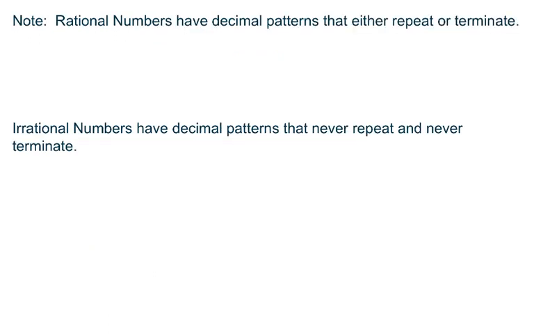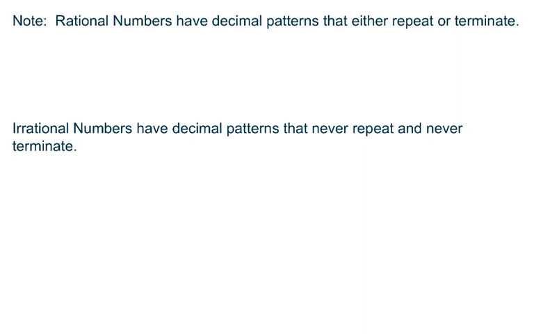Now, an easy way to distinguish between a rational number and an irrational number is to look at the decimal pattern that you have. Rational numbers have decimal patterns that either repeat or terminate. There, clear off that. Rational numbers have decimal patterns that either repeat or terminate.